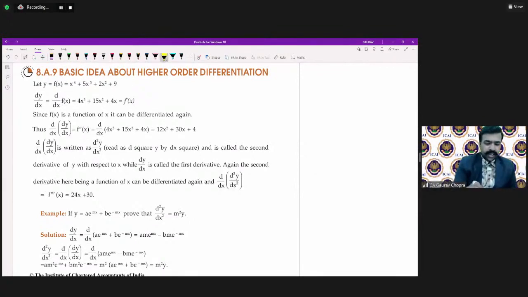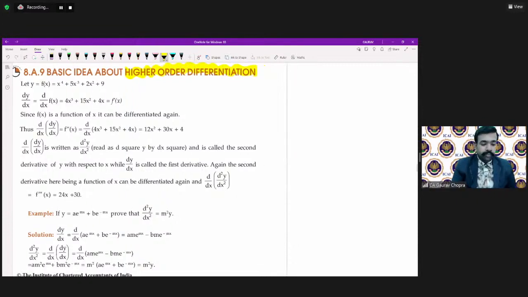Now, what is this higher order differentiation? That means whenever a function is given, we can find the derivative of that function. Then again, we can find the derivative of that derivative. Then again, we can find the derivative of that again.